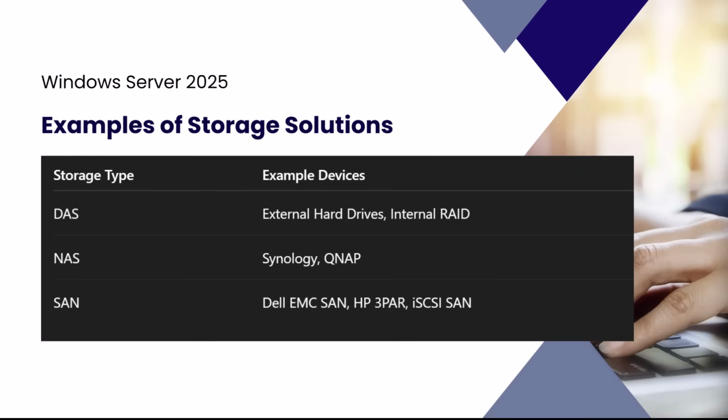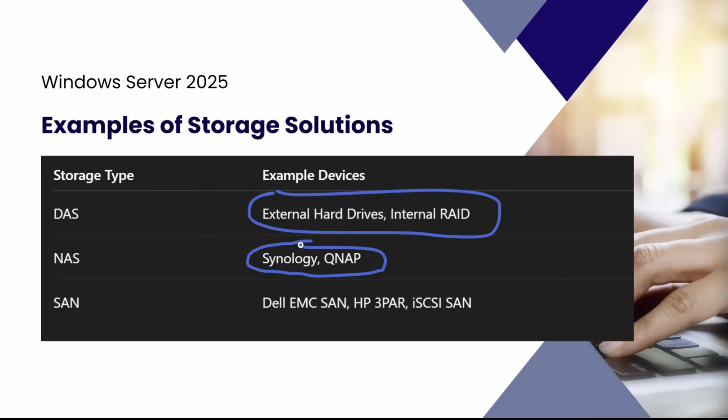Here are some real world examples to make it easy to understand. Direct attached storage could be an external hard drive or internal RAID, like the USB hard disk that you connect. Then network attached storage, the common ones we see are Synology or QNAP, which you connect to the Ethernet and you access the folders.